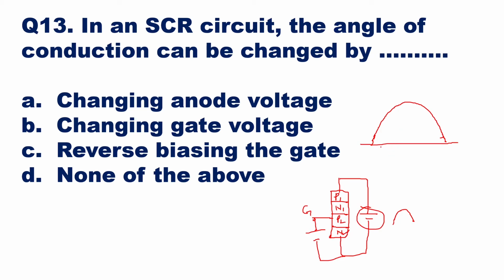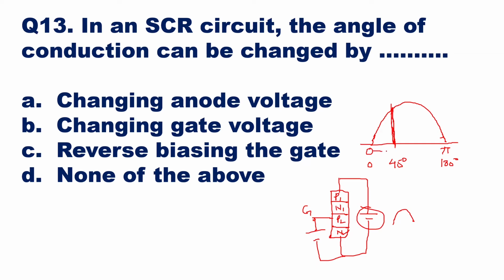Now say for example, it's starting from here and it is ending here. So 0 to pi, or 0 to 180 degree. And say you give a gate pulse at this 45 degree here. So this is where you are going to give the gate pulse.